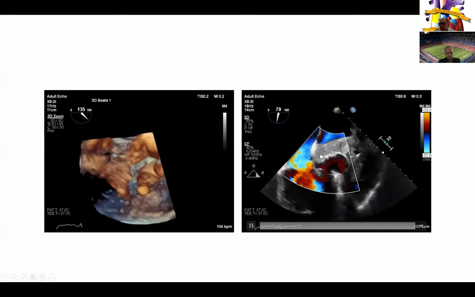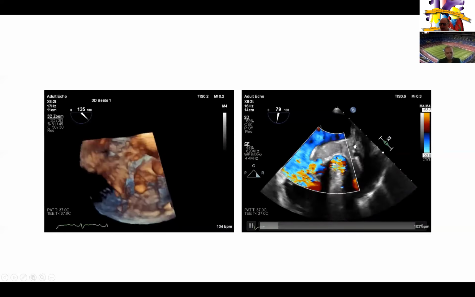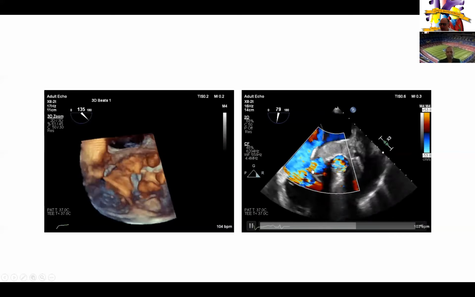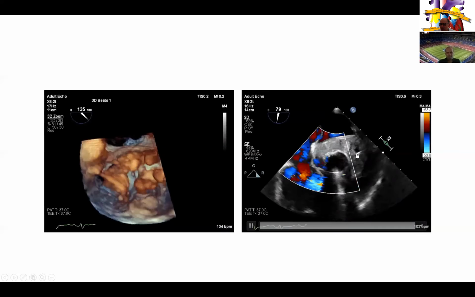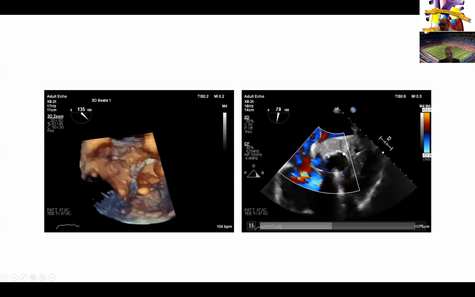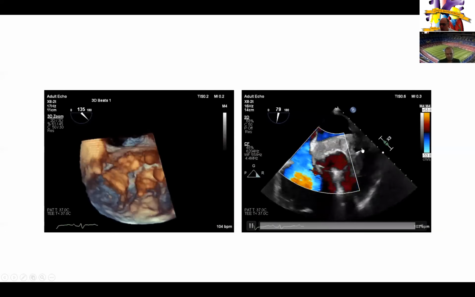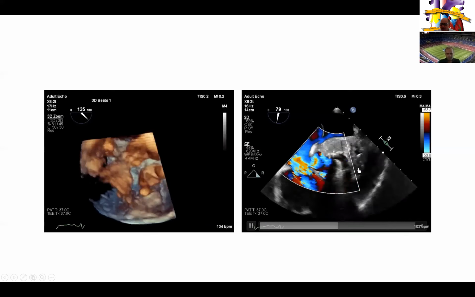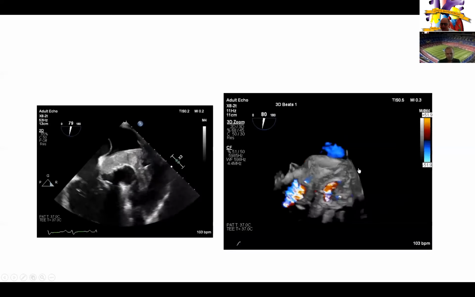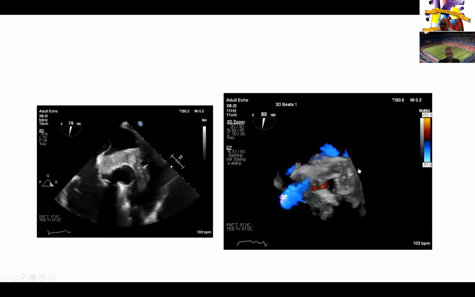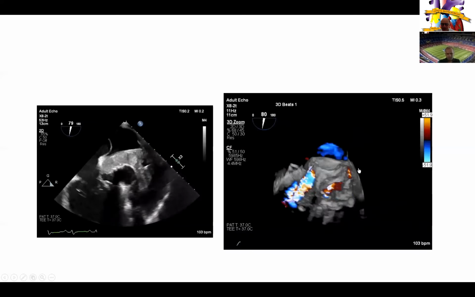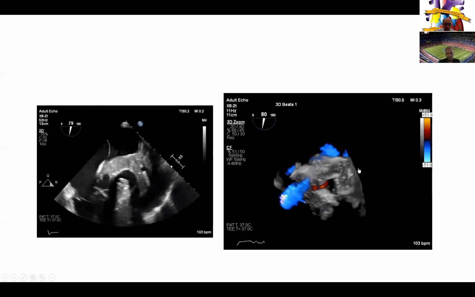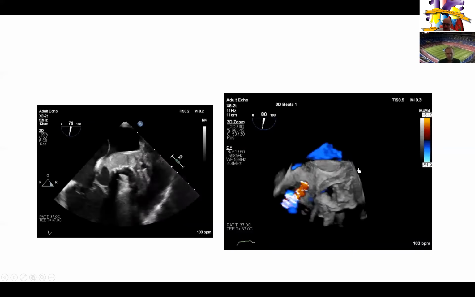And one thing is, if you can see here, the extent of that abscess, it starts at about 9 o'clock and it tracks all the way up to about 3, even 4 o'clock posteriorly, all around. So this is a huge, huge abscess around this mechanical valve. Again, beautifully illustrated by transesophageal echo, and not seen very well with transthoracic echocardiography.